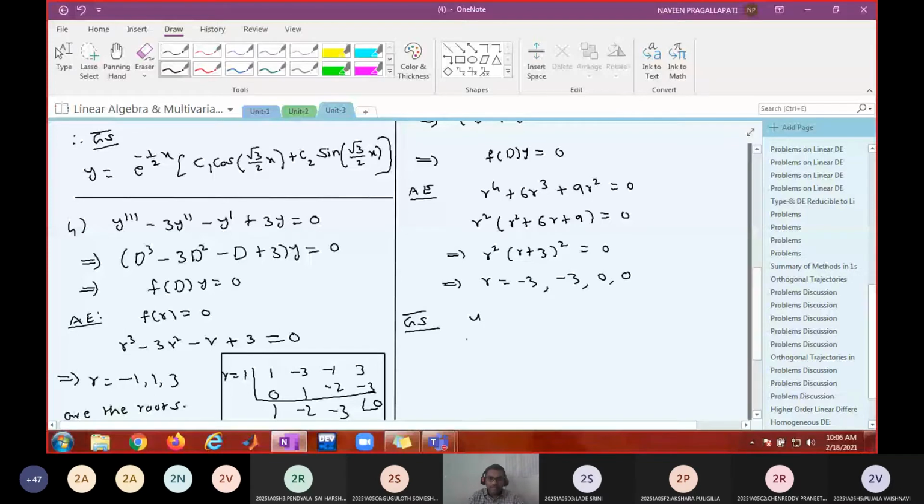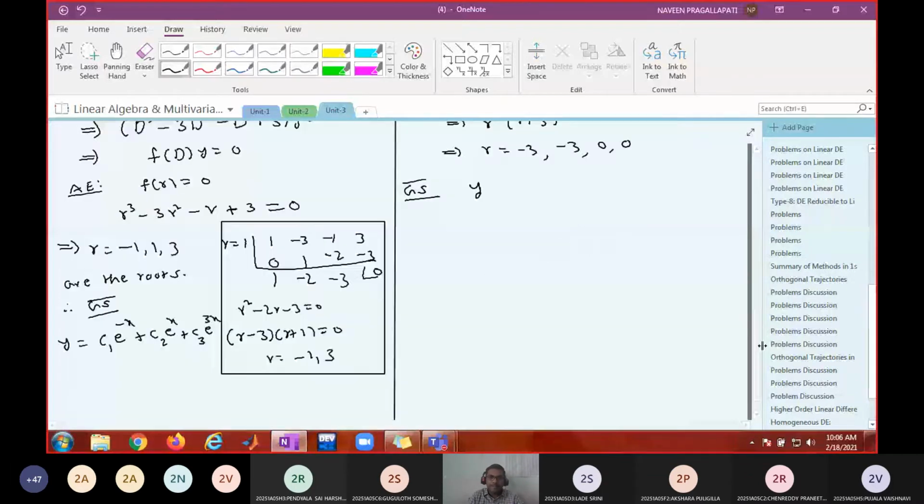Okay, so can you tell me the roots? For minus 3, what will this be?